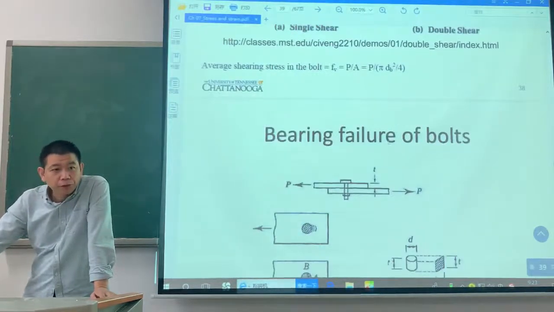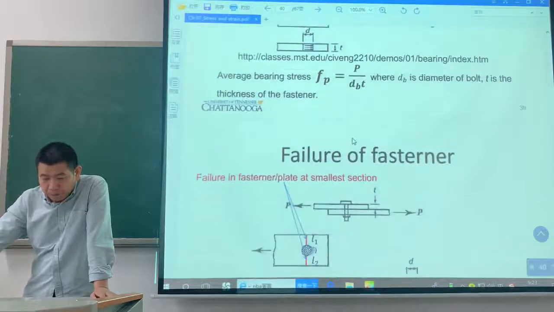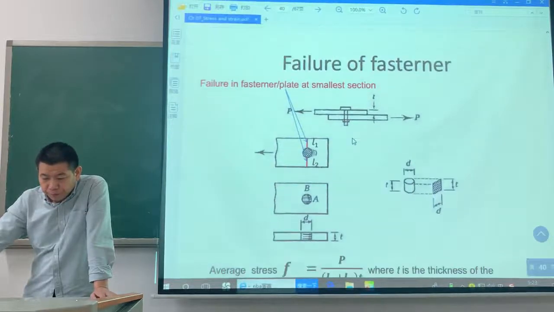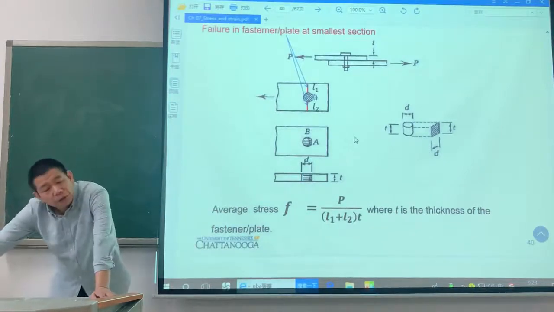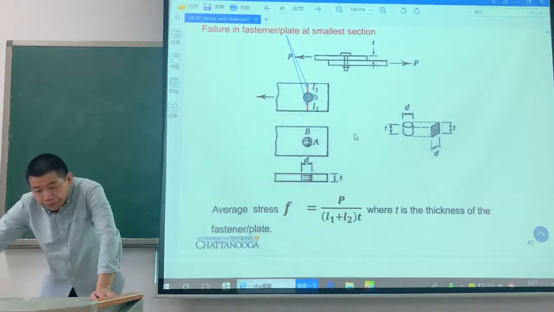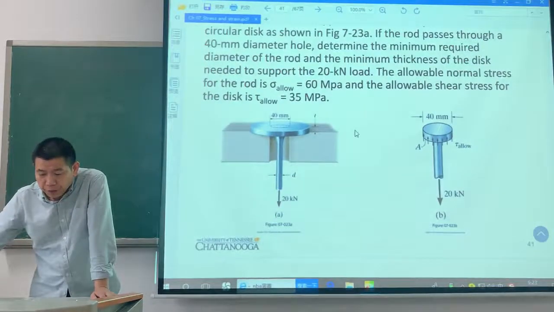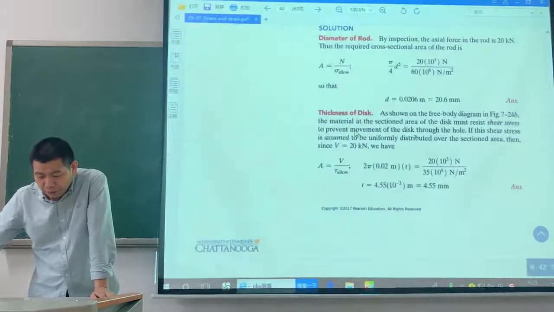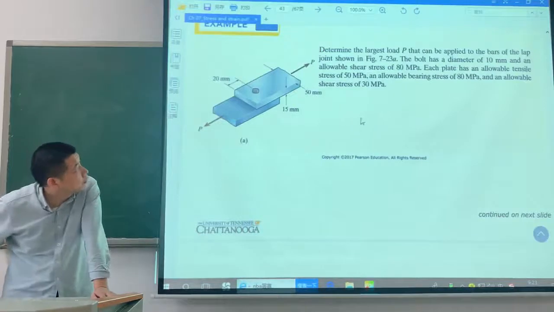Bearing failure of a bolt means the bearing stress is more than the bearing allowable stress. So there are several failure modes in a bolt. This example is difficult. Let's pay attention to this one.